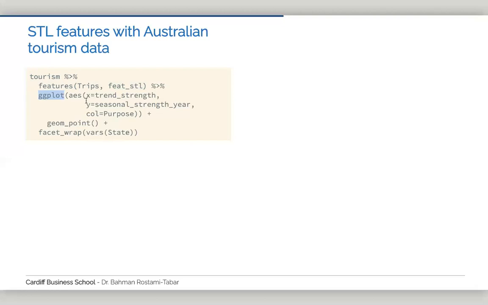We put the strength of trend on the x-axis and the strength of seasonality on the y-axis, and then we give a different color to different purposes, because tourism has different purposes: it could be holiday, business, and others. Then we create a geom plot, and by using facet_wrap, we create a different plot for each state in the data set.